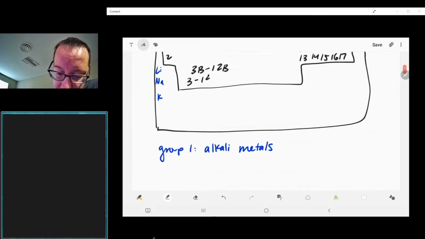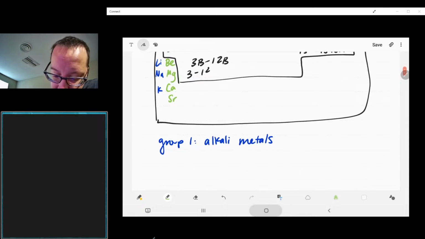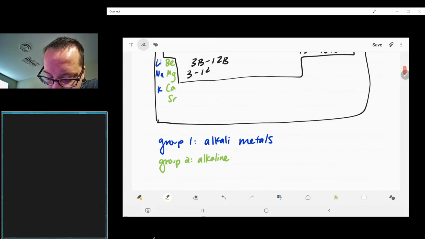Our second group, which has beryllium and magnesium and calcium and strontium and barium and all those good ones, that's group 2. We call those the alkaline earth metals. Sometimes that hyphen is there, sometimes it's not. Doesn't really matter.